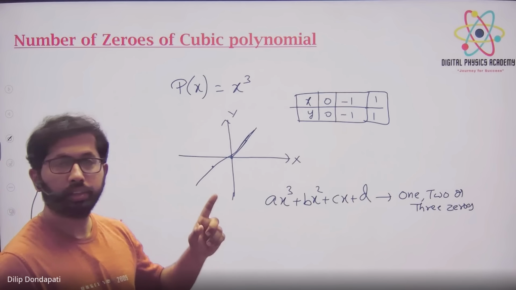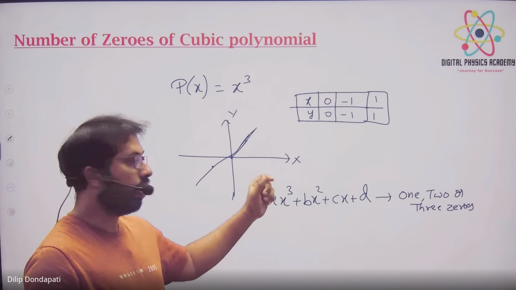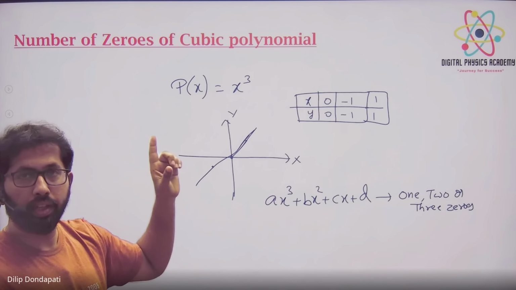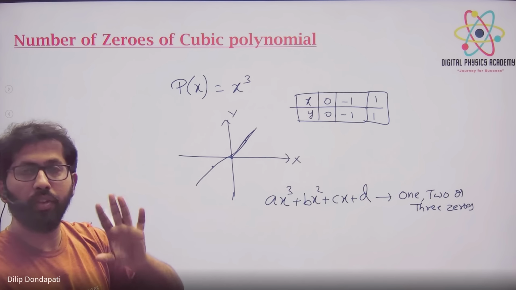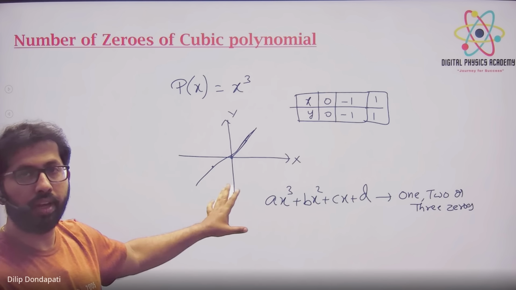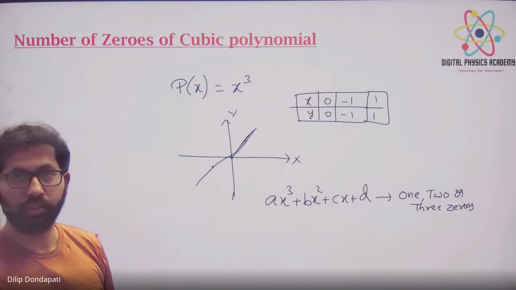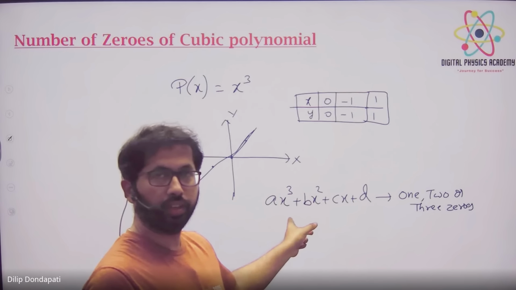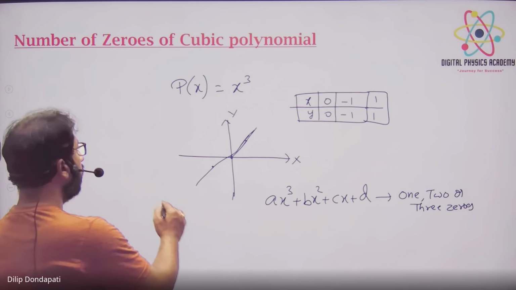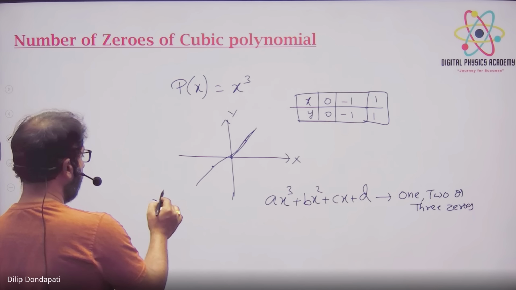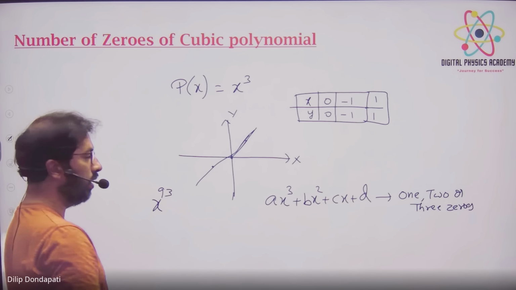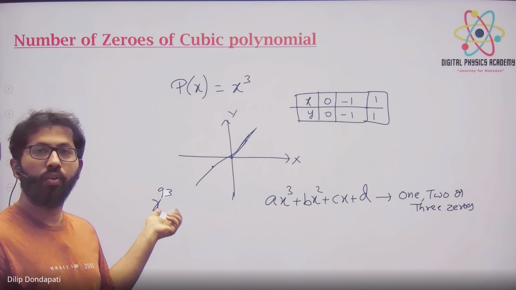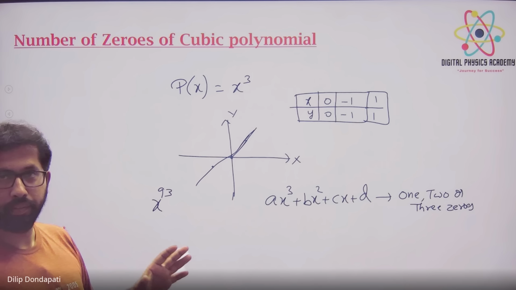That means, if you understand, 1 and 3 do not have nil. Odd degree does not have nil zeros. A degree 1 polynomial has no nil case, and a degree 3 polynomial also has no nil case. They can ask about x power 93, and whether nil will be there, the answer is no. An odd degree polynomial will not have nil zeros.